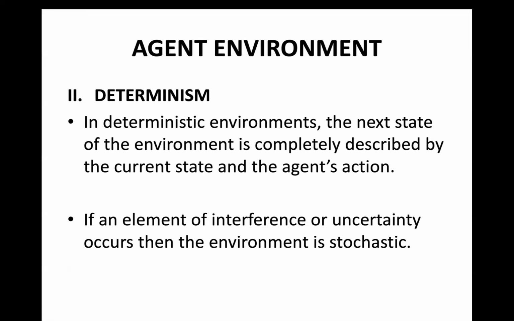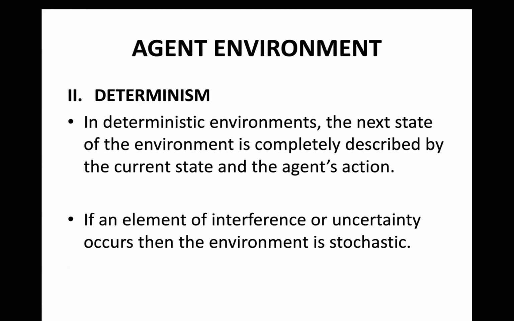For example, when the agent is playing chess and it captures one of the pieces, it knows what other pieces have remained in the environment. So that is deterministic. The next state is completely determined by the current state and the agent's action. It knows that when it does this, this is the next state it will move to.